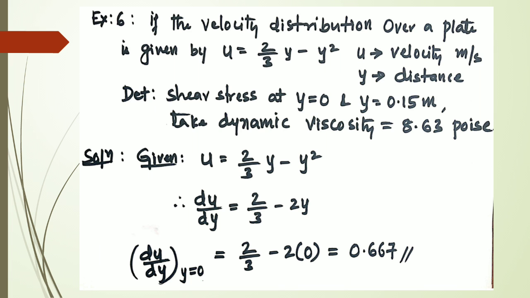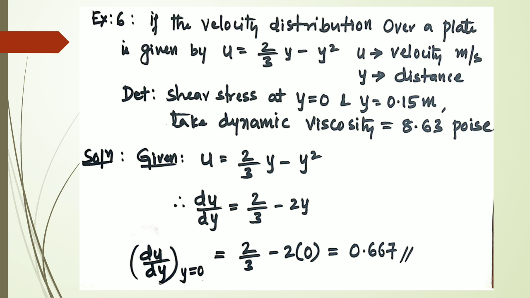Take dynamic viscosity as 8.63 poise. So he has given something about the velocity distribution over a plate. We need to find tau at y is equal to 0 and tau at y is equal to 0.15.